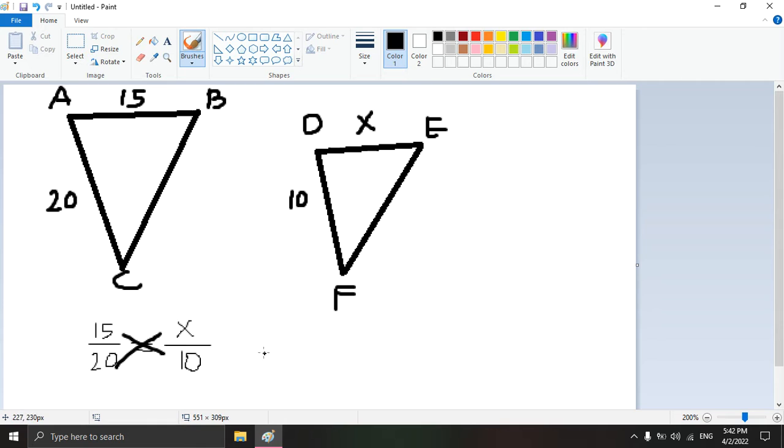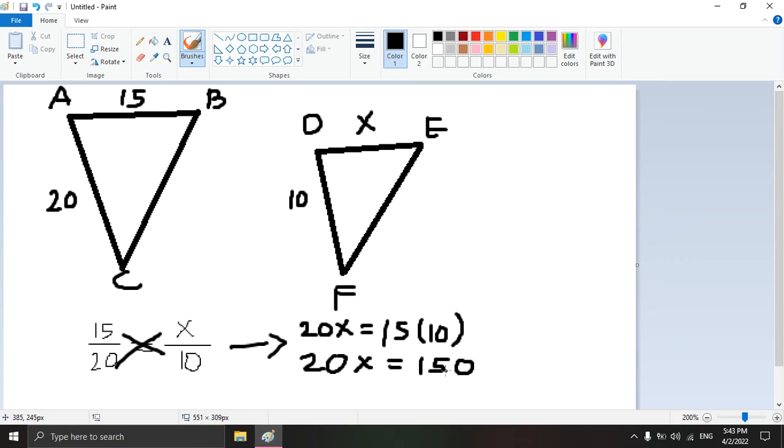So 20 is what we put in the solution here. So this is 20 times X, so that's 20X, equals 15 times 10. Then that is 20X equals 150.